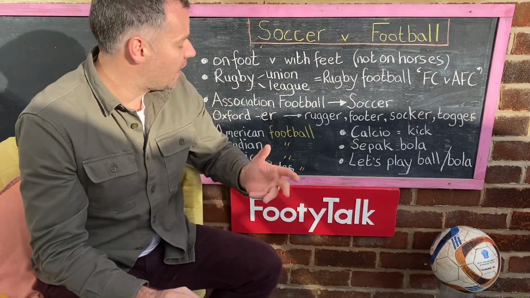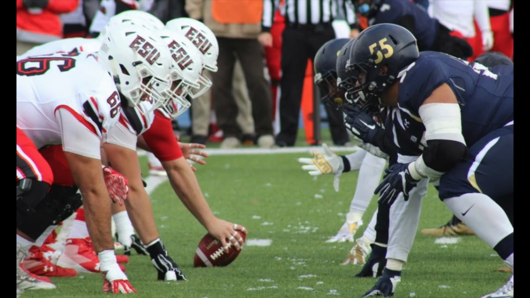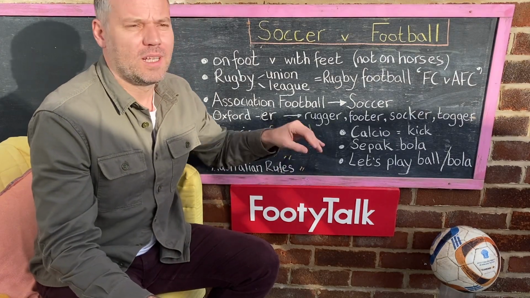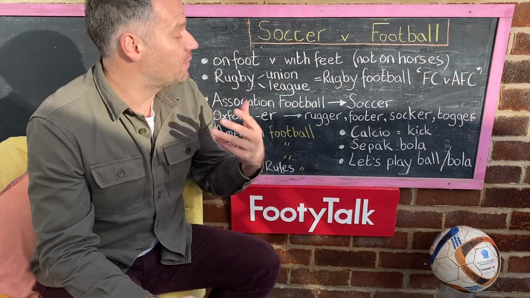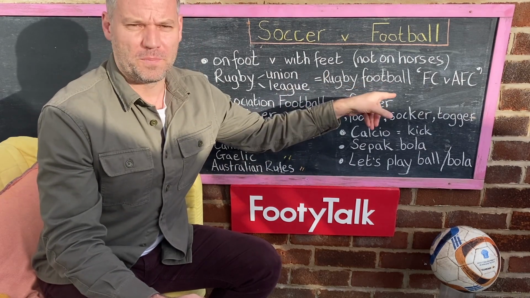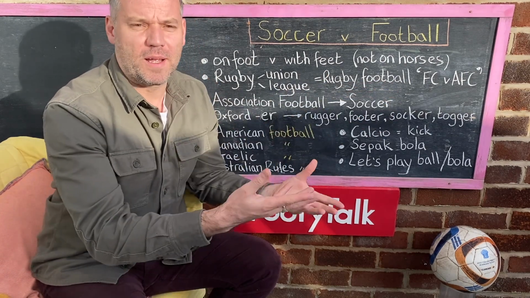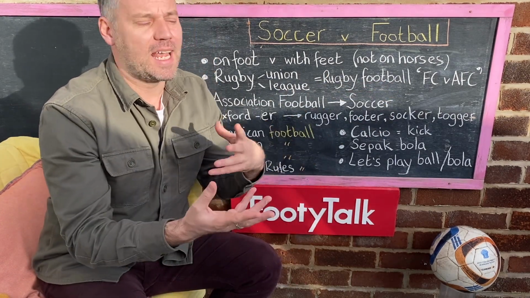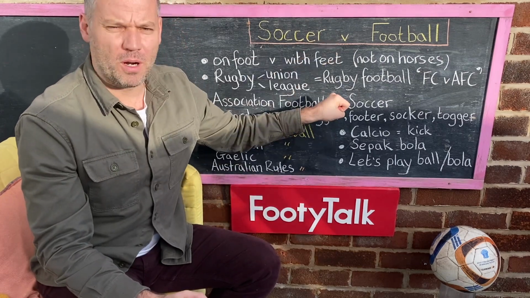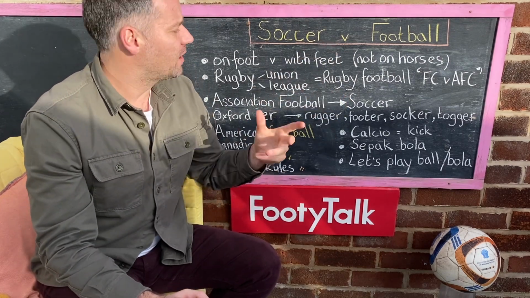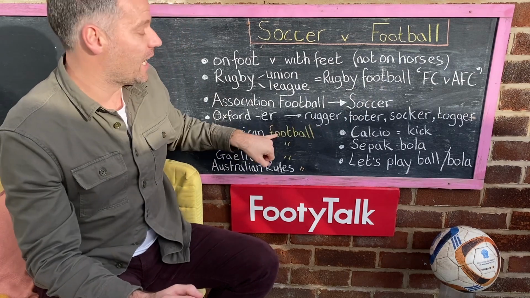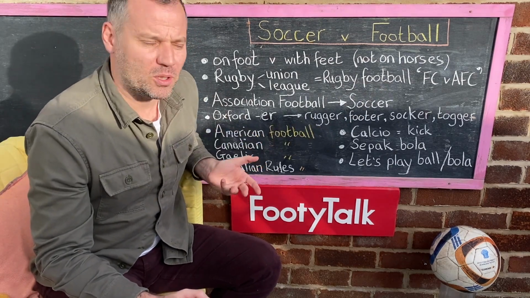So in America, they have American football. We say American football. In America, they say football. And this was developed from rugby football. The British went to America, they developed the game in America, they dropped the rugby, and now in America they call this type of football, American football.